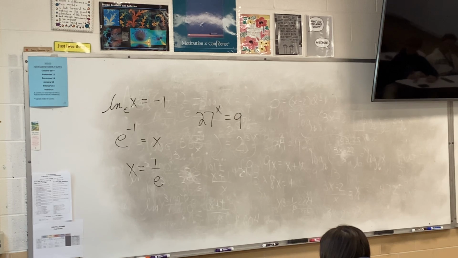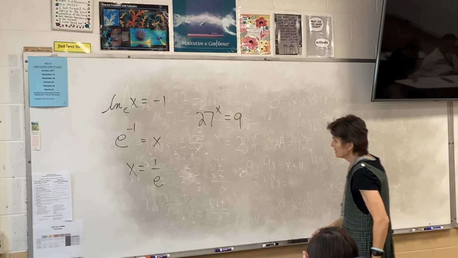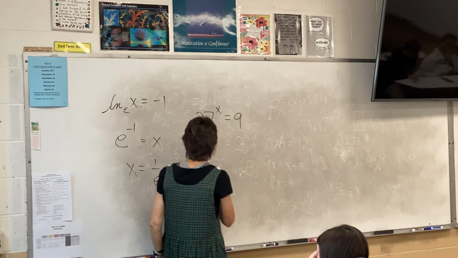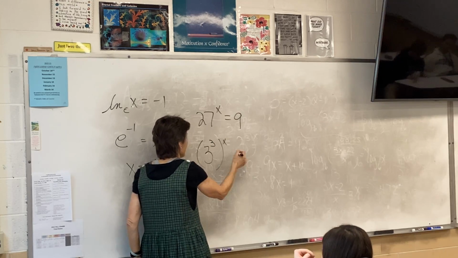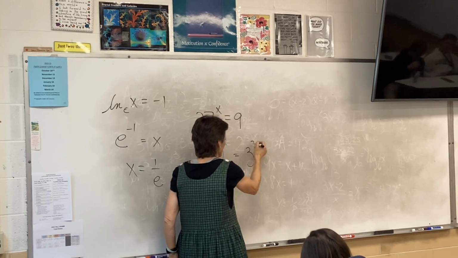Square roots, well, they're not square roots, but I think I know what you mean. Cubed. They're both powers of 3. Isn't 27 3 cubed? And 9 is 3 squared.